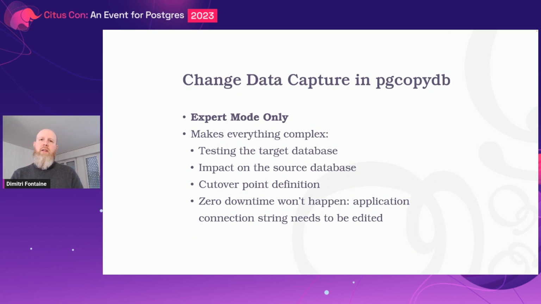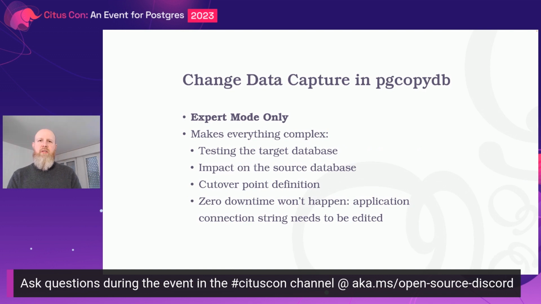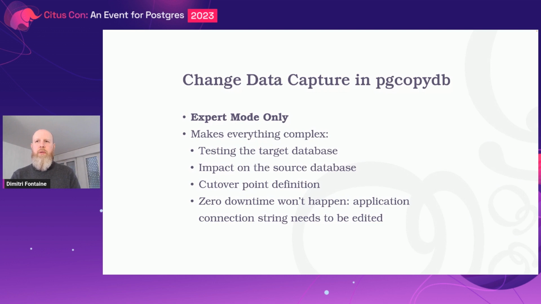Beware that I call that expert mode only. So always try to do a migration without change data capture enabled. You do that first, and then you have an actual migration timing that you can talk about and understand and see if it's a blocker for your migration project or not.